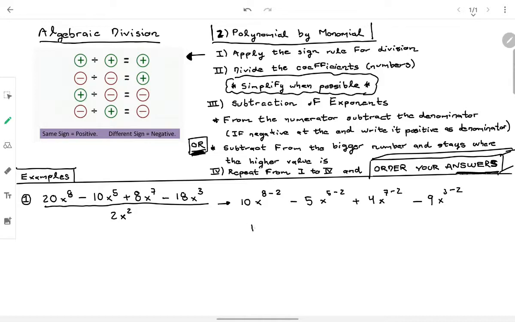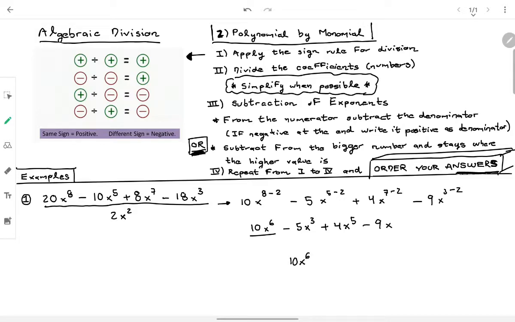So we will get 10x to the 6th minus 5x cubed plus 4x to the 5th minus 9x to the 1, where we don't need to put the number 1. And remember, it's very important that we order our answer. In this case, the bigger power is x to the 6.